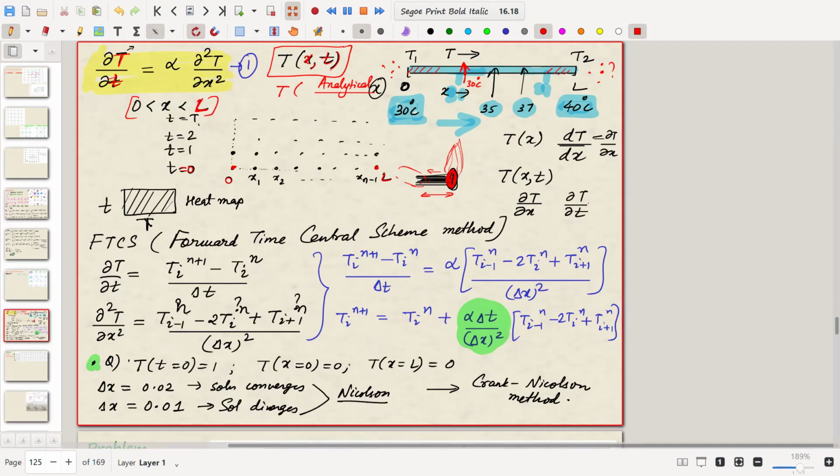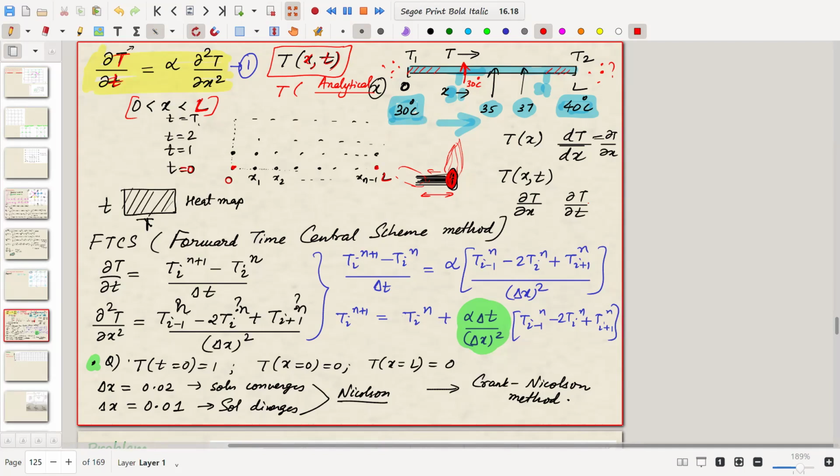Our aim is to find the temperatures at different locations of the beam at different time periods using numerical methods. In numerical methods, only iteration is there, minor algebraic calculation, dealing with numbers. That is it.